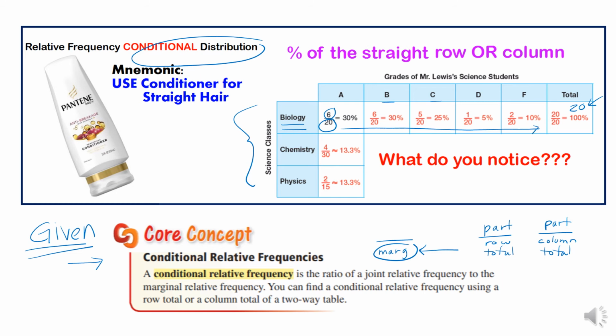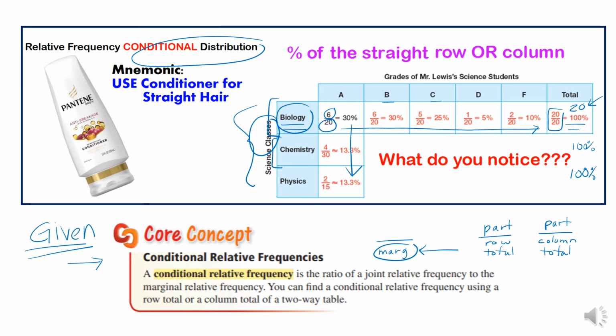Okay, so we're going 6 over 20, 6 over 20, 5 over 20. This will be your 100%. In fact, each row is going to total 100% because we're going to calculate the conditional distribution for each row. Okay, so given the class. Given the grade wouldn't make sense, wouldn't have any significance. Now, the thing I want you to notice is that each of your rows is going to equal 100%, but the numbers going this way have absolutely no bearing on each other because we're only talking about each one separately.